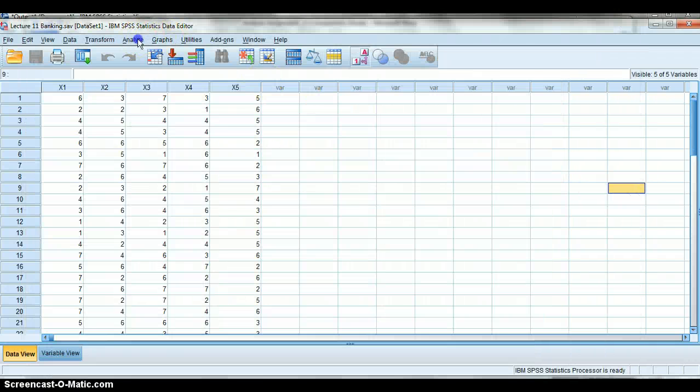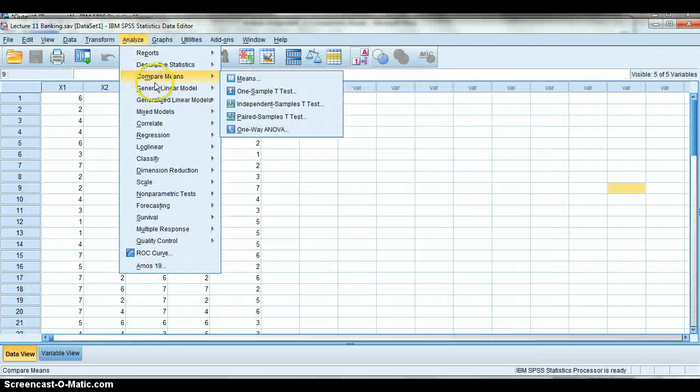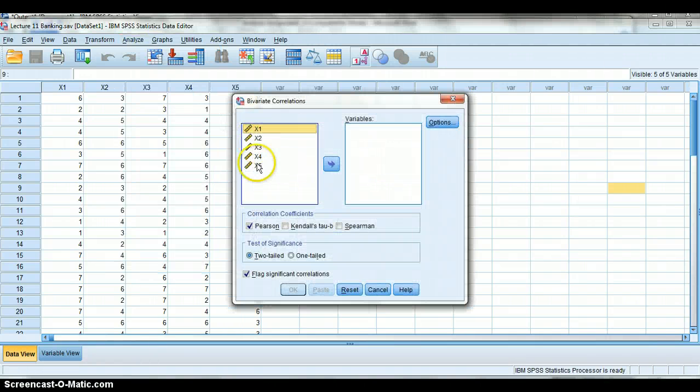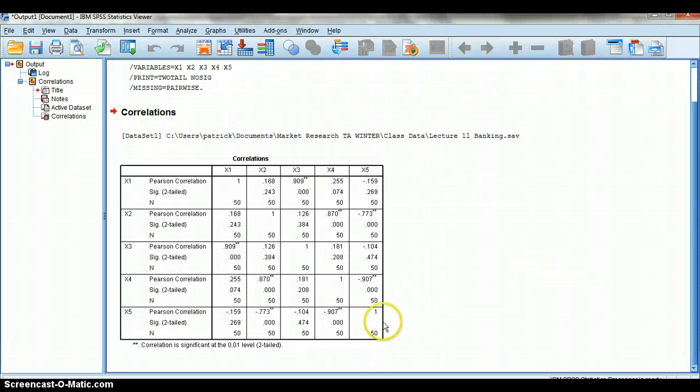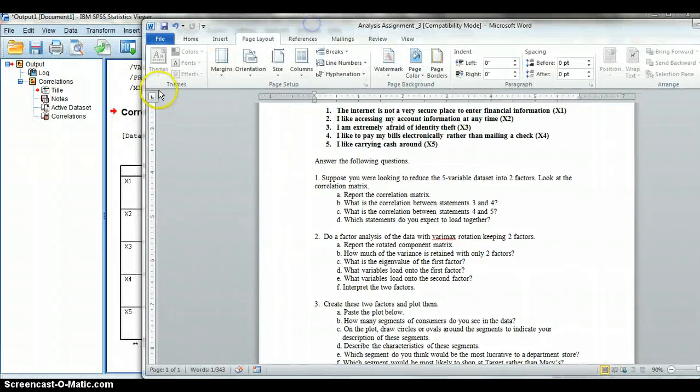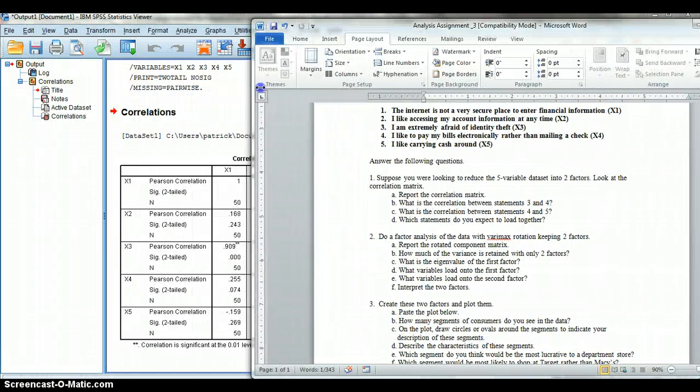So let's analyze, correlate, by rate. Load all the factors in. You don't have to change anything else. Hit OK. It's processing. All right. Says pretty straightforward.